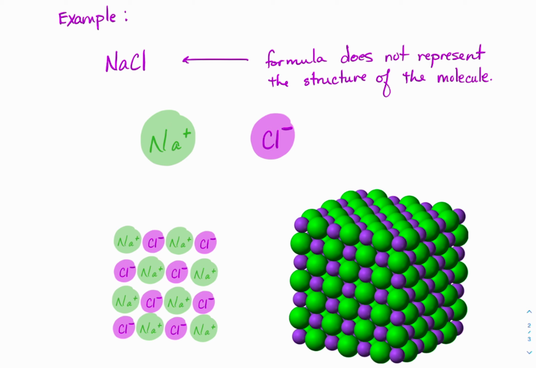Typically, they're arranged in a way that their positive and negative charges are considered isotropic, meaning that they can be patterned in a crystal lattice form no matter what geometry or location around each atom the other differently charged ion happens to be.